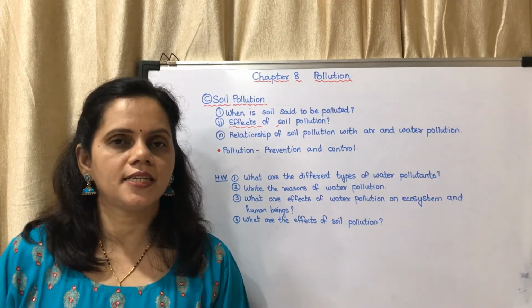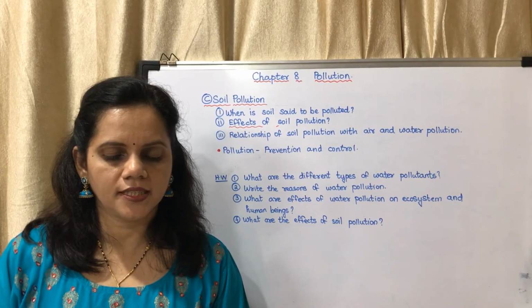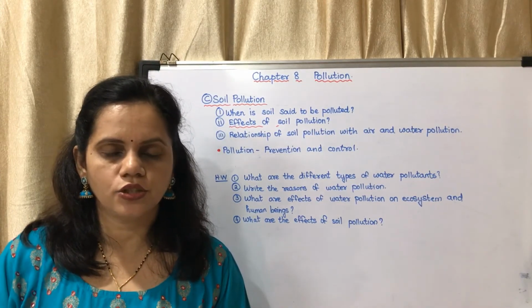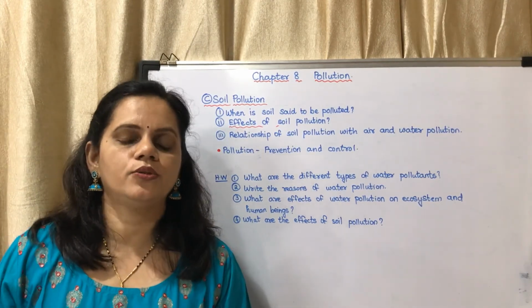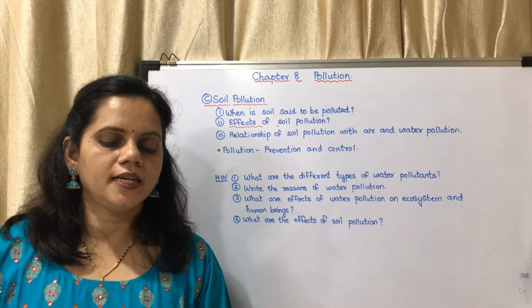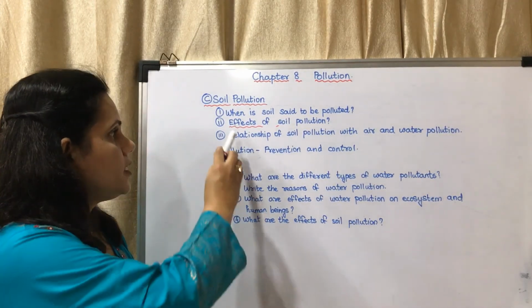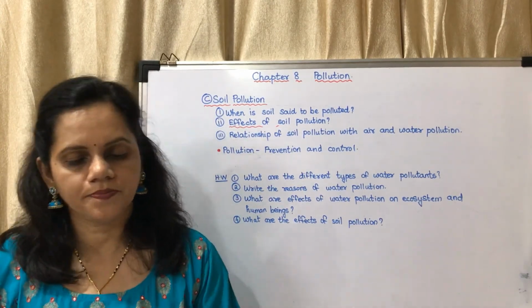Thus it enters the food chain. Problem of water pollution increases due to soil pollution. Toxic substances leach into the water. Leach means it percolates, it seeps into the water. Similarly, diseases spread through various pathogens. So that is the next point, the effects of soil pollution. It is one of the important questions.